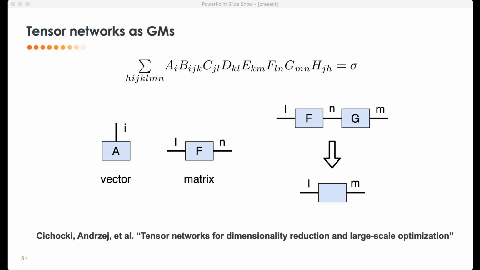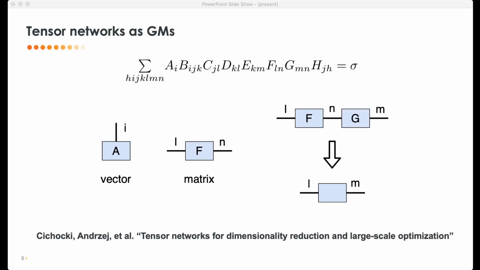As an example, consider this contraction of a set of tensors shown above. It can be expressed graphically with a tensor network as follows. Every tensor is a vertex and every index is a leg coming out of this vertex.